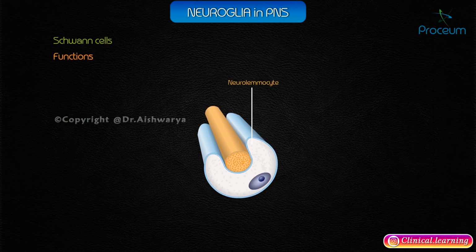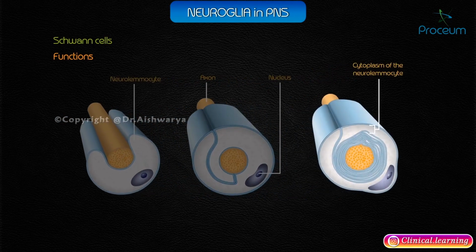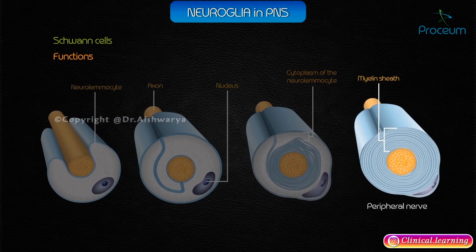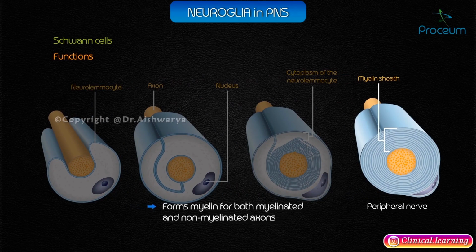What are the functions of these cells? Schwann cells produce neurolemma around all axons in the peripheral nervous system, both the myelinated as well as non-myelinated axons. They also help in regeneration of the axons in the peripheral nerves. This is what we need to know about the neuroglial cells and their functions.